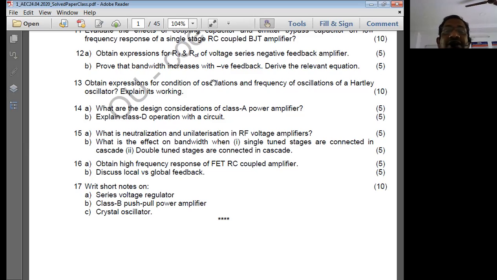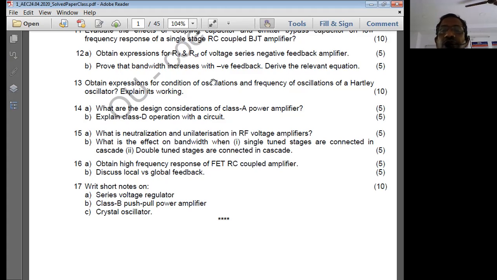If this is asked as a short answer question, for condition of oscillations and frequency of oscillations, you should write the expressions, whatever we are going to get from this, directly for 2 marks: 1 mark for condition of oscillations, another 1 mark for frequency of oscillations. What is the meaning of condition of oscillations? It has to satisfy the Barkhausen criterion, that is mod A beta is equal to 1.